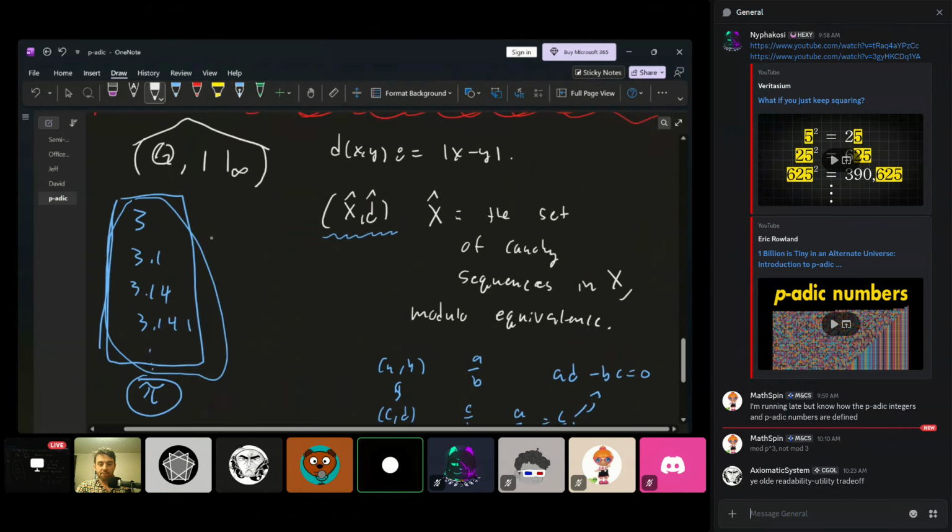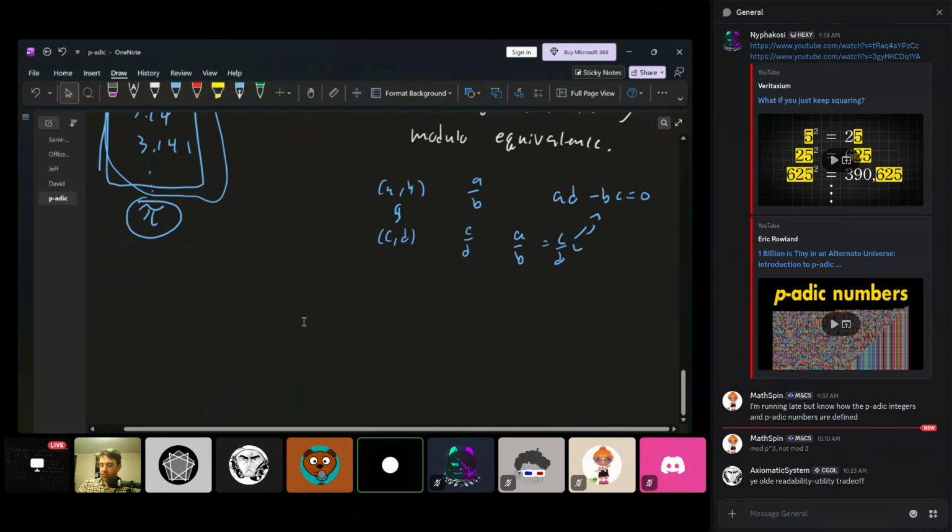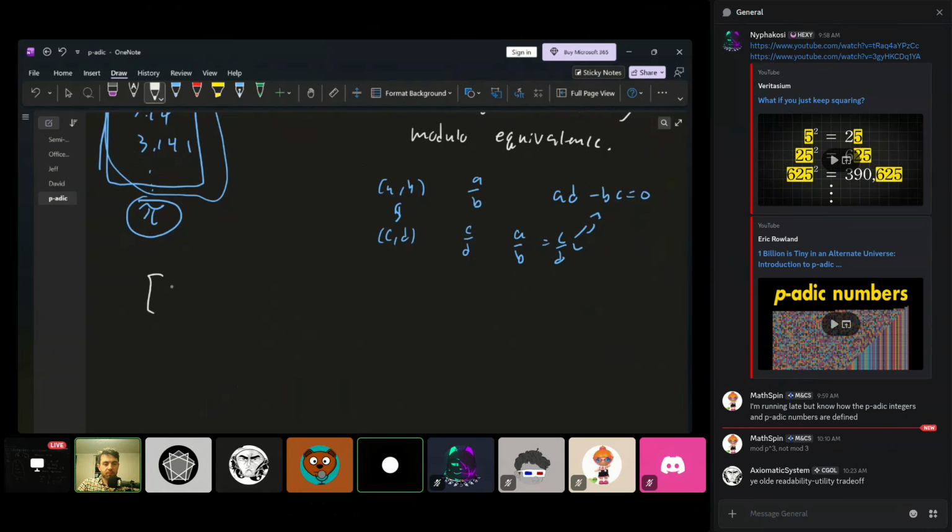I think you would do it by first defining the operations piecewise in terms of the components, lining up the elements of the sequence one by one, and that way you can define addition and subtraction, because if you have two Cauchy sequences, you could add them up element by element and figure out what that converges to. Then you could define equivalence in terms of: you subtract them from each other and you get 0.